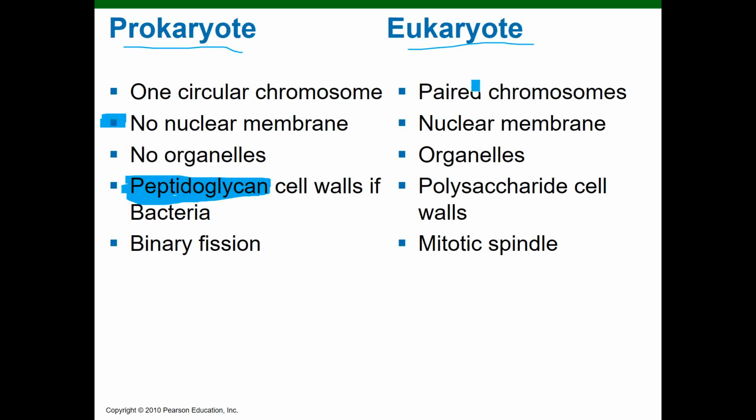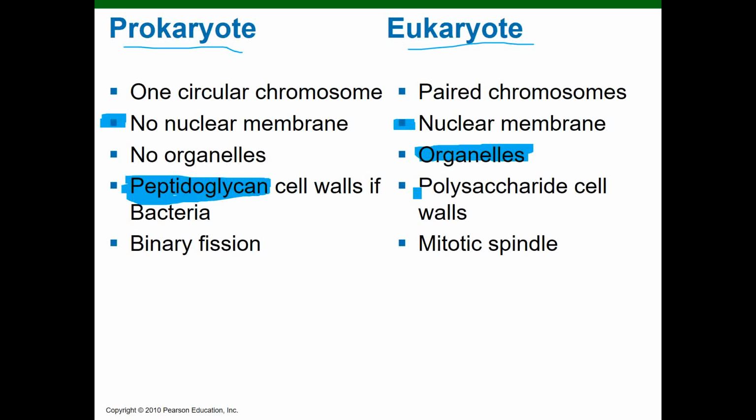All right, so eukaryotic cells have multiple pairs of chromosomes. For example, humans have 46 pairs of chromosomes, right? You get half from your mom and half from your dad. And those chromosomes are found in the nucleus, so there is a nuclear membrane. They have lots of different organelles that we'll cover. And again, this should be a review from general biology, like mitochondria, smooth and rough endoplasmic reticulum, etc. Plant cells are eukaryotic.